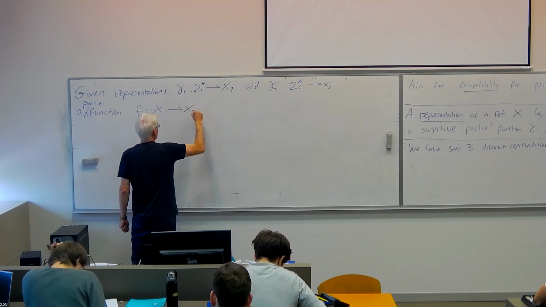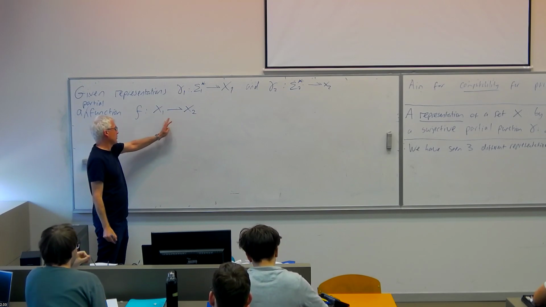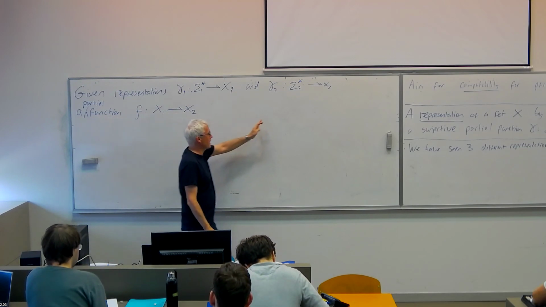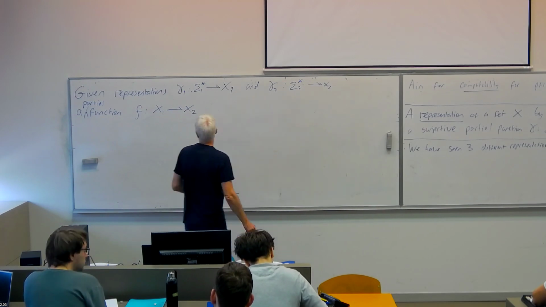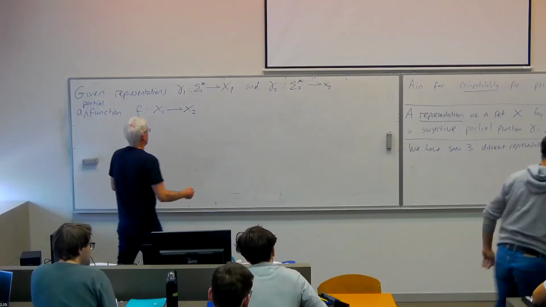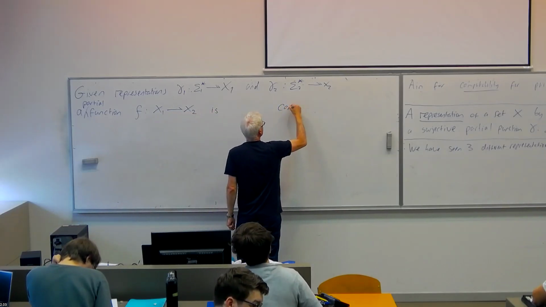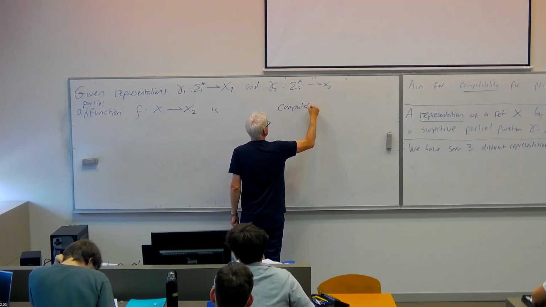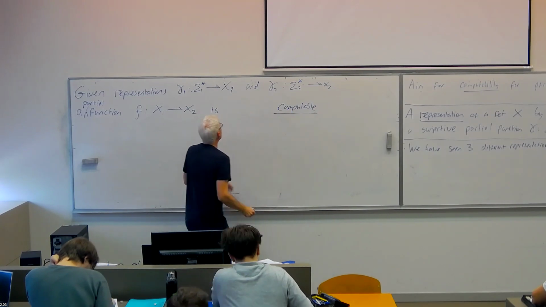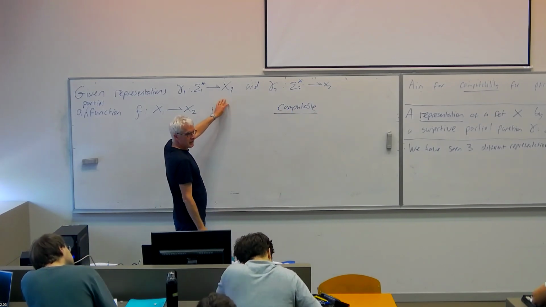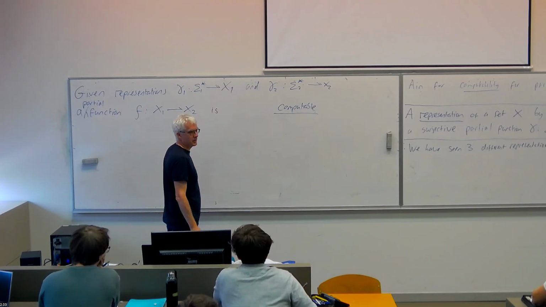So the nice thing is we can talk about the computability of partial functions between arbitrary sets, as long as those sets come with given representations. So it is computable. Now, the sets might have other representations; it's not the case that there's only one possible representation for any given set.